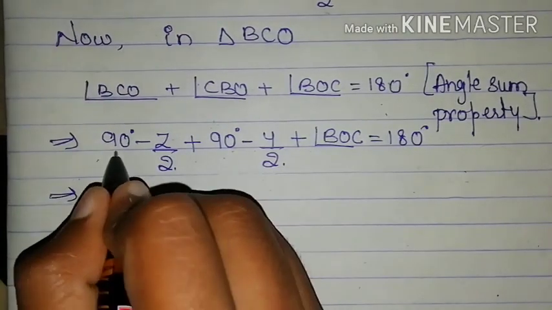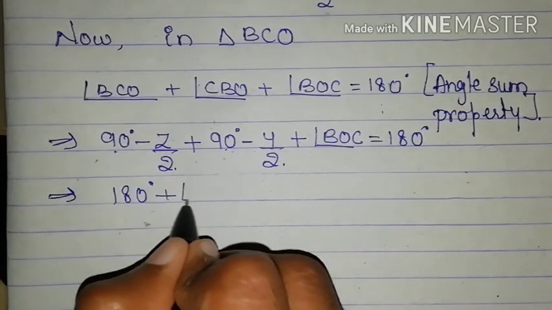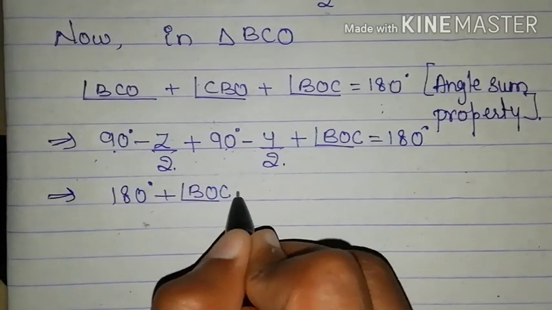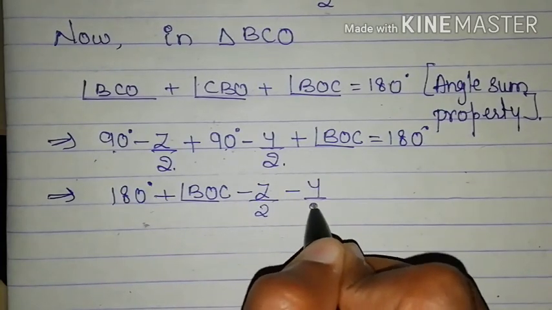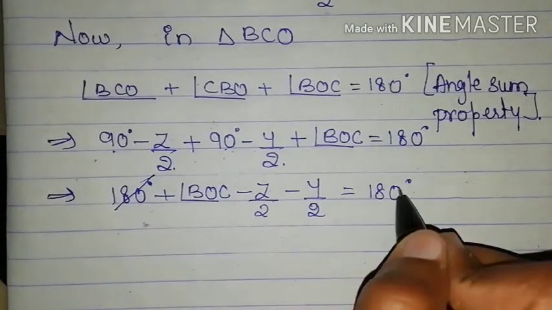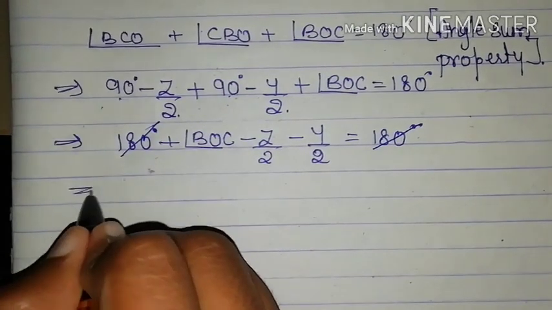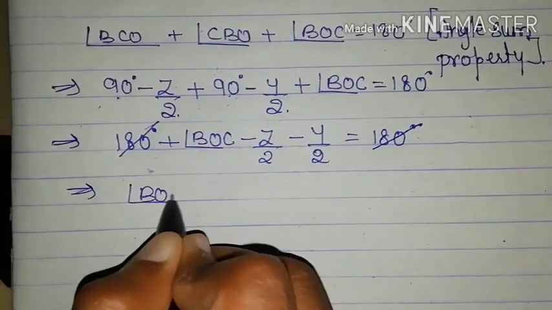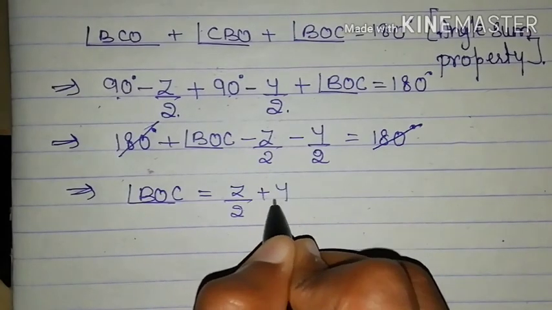So 90 plus 90, 180 degrees, plus angle BOC minus Z by 2 minus Y by 2 is equal to 180 degrees. The 180 degrees on either side of the equation cancels out. So we get angle BOC is equal to Z by 2 plus Y by 2.